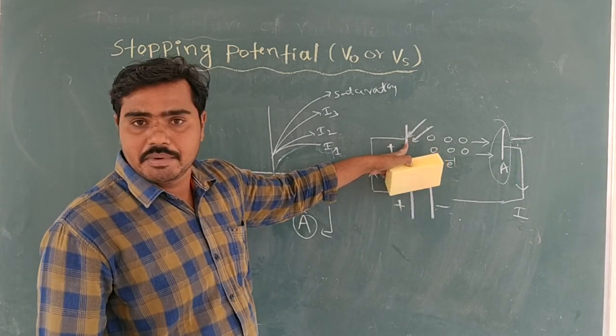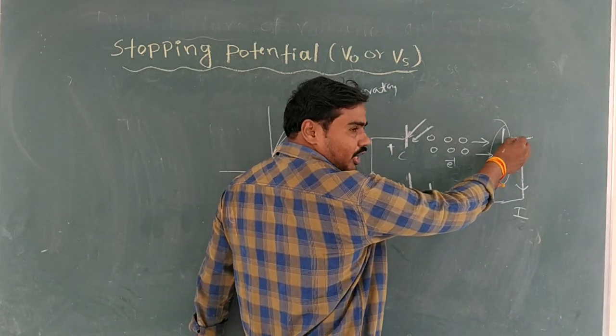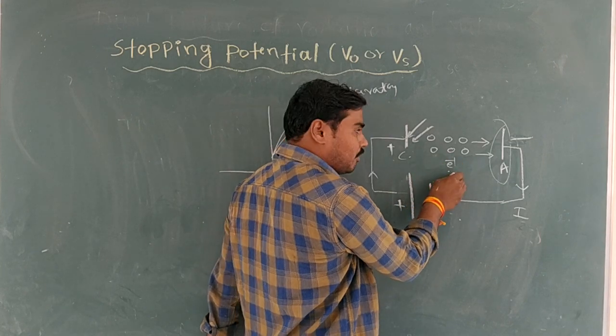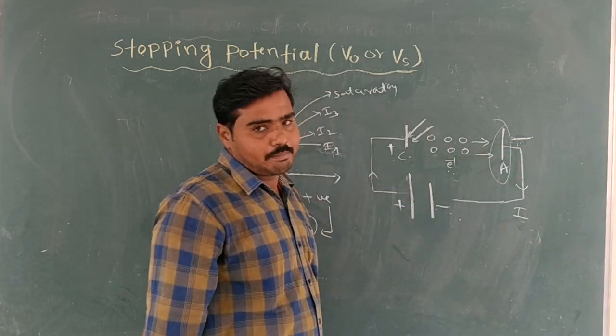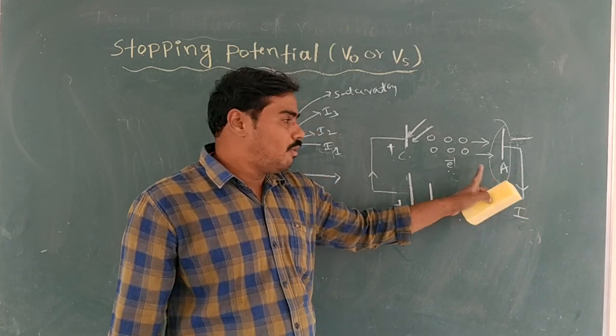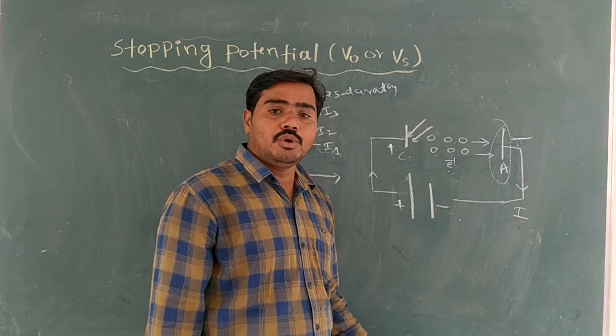Electrons do not emit from the cathode plate. Already you know this one is a negatively charged plate and the liberated electron charge is also negative. Those two repel. The anode plate does not attract the electron. When the anode plate does not attract the electron, the current in the circuit is zero.